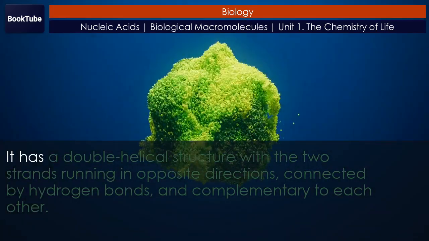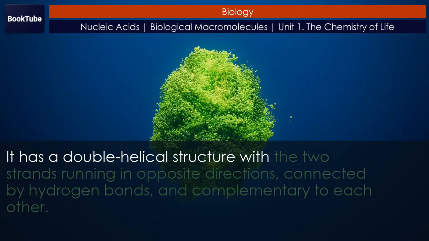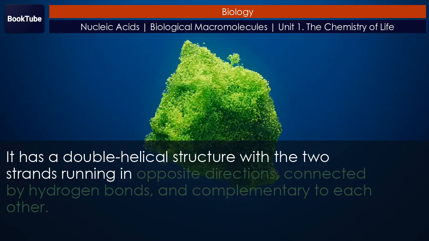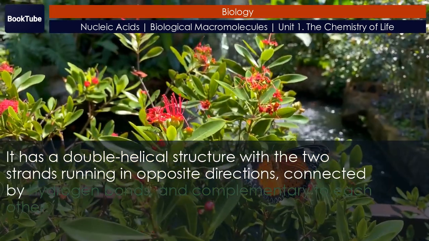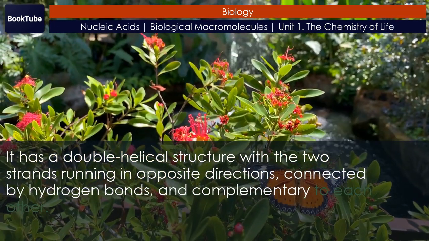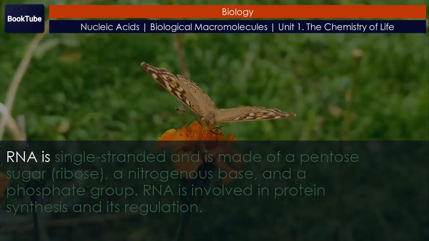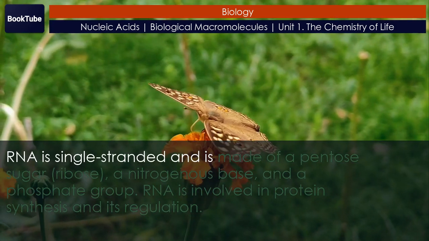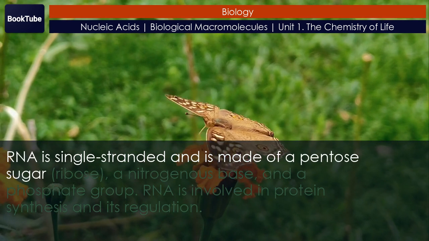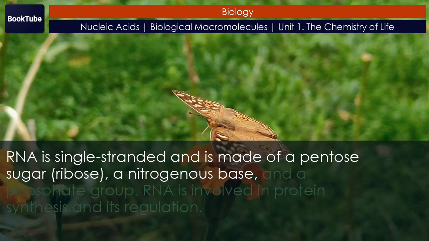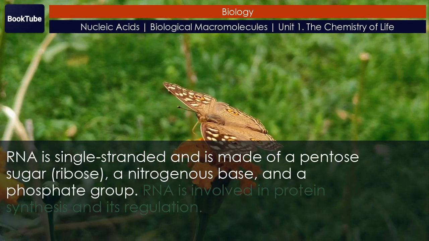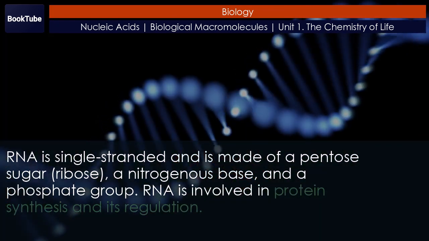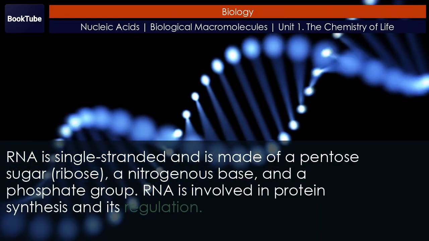It has a double-helical structure with the two strands running in opposite directions, connected by hydrogen bonds, and complementary to each other. RNA is single-stranded and is made of a pentose sugar, ribose, a nitrogenous base, and a phosphate group. RNA is involved in protein synthesis and its regulation.